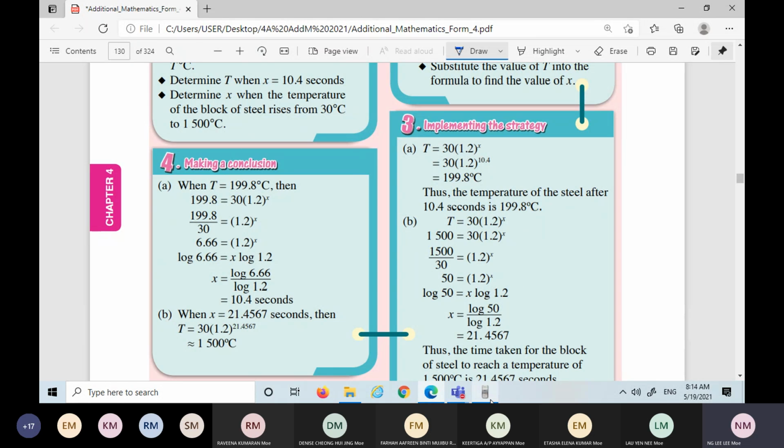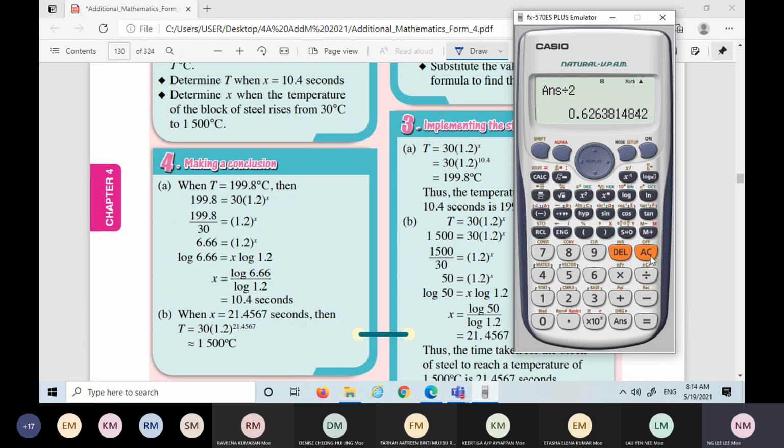Make sure you know how to press the calculator. Let us see. 1.2 power 10.4. Then answer, then times 30.